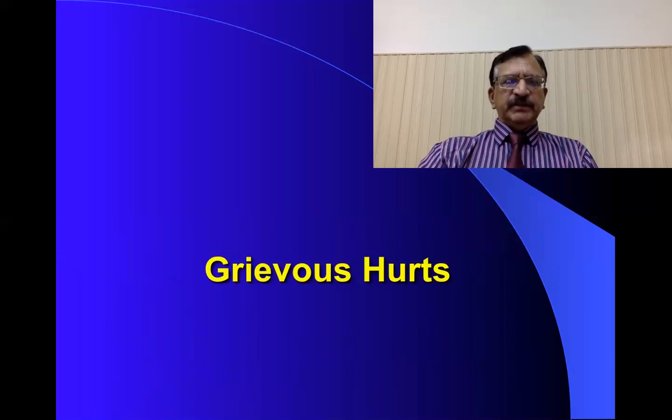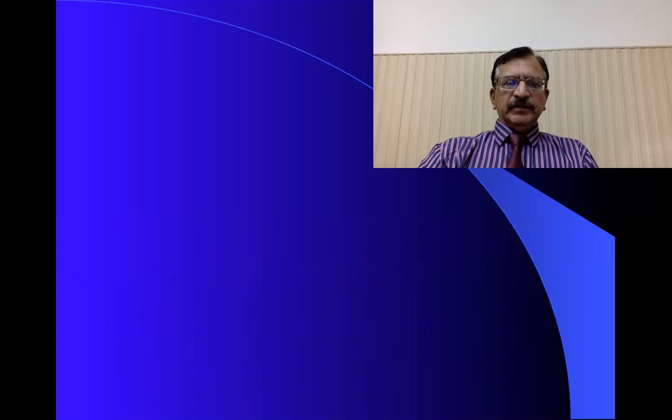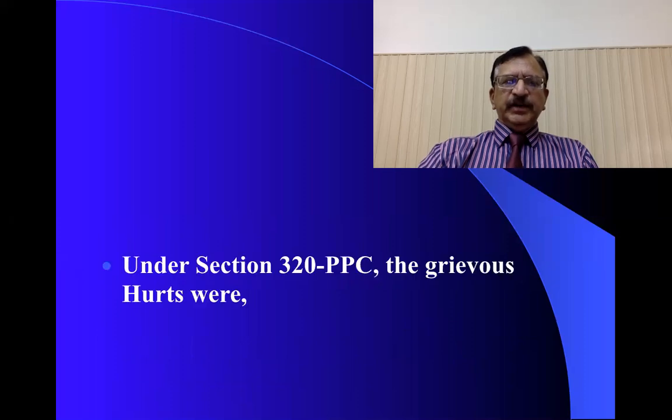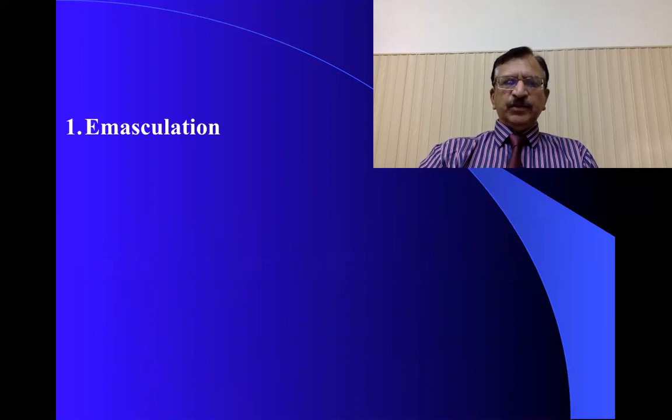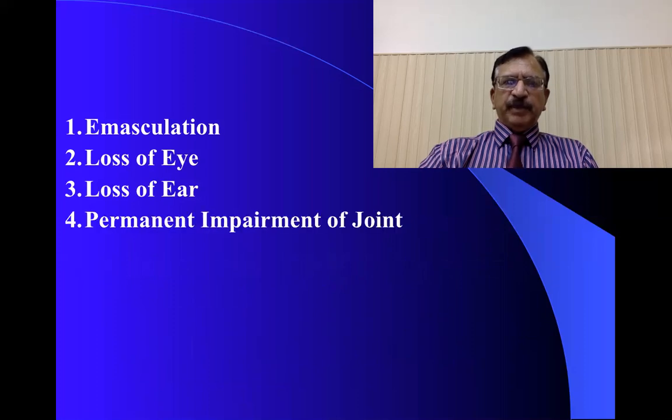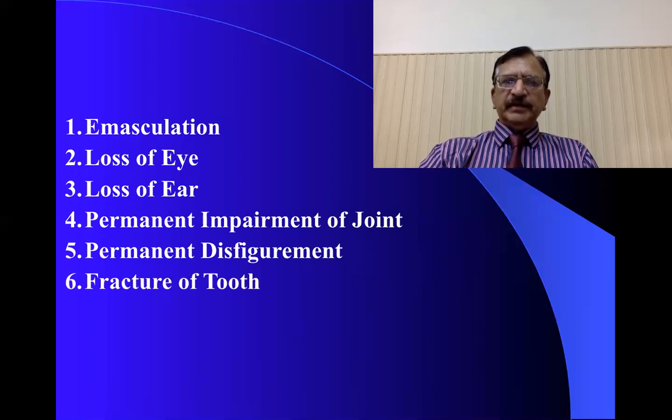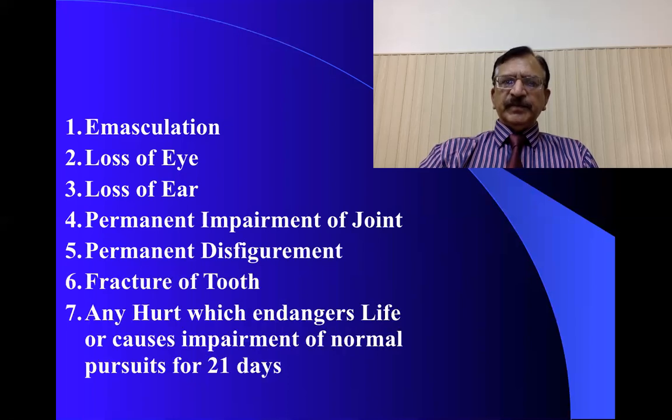So the grievous hurts which were previously used under section 320 PPC were emasculation, loss of eye, loss of ear, permanent impairment of joint, permanent disfigurement, fracture of a tooth, or any hurt which endangers life or causes impairment of normal pursuits for 21 days.